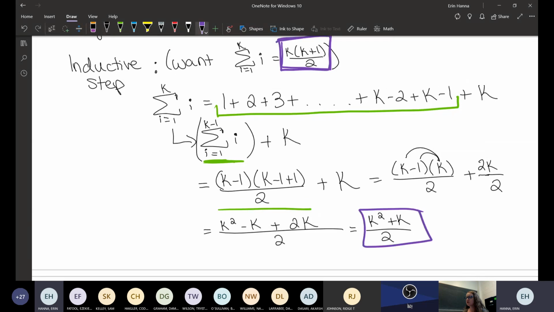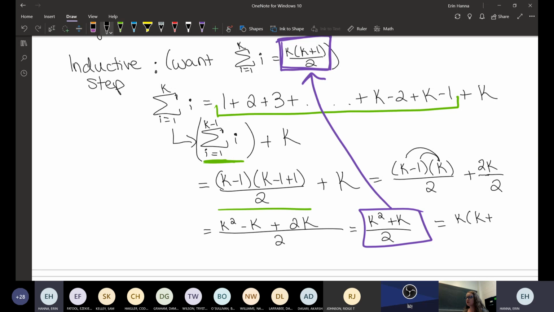Now here's where we're at, and I'll erase this arrow in a second, and here's what I want. So can I somehow manipulate that k squared plus k over 2 into some k times k plus 1 over 2? Well, I can do that by just factoring out a k. This is what I meant by the algebra being the worst part in these inductive, full induction proofs.